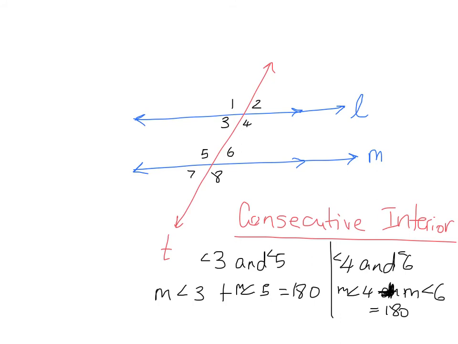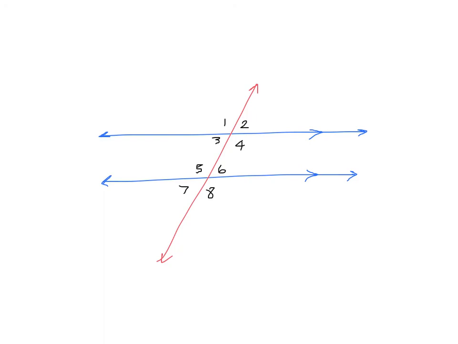But here's a quick trick that you can use to do questions really, really easy. If you have parallel lines and you have a transversal, and your transversal is clearly making some angles that are big and some angles that are small, well, here's the cool thing. Every small angle will be congruent to every other small angle.